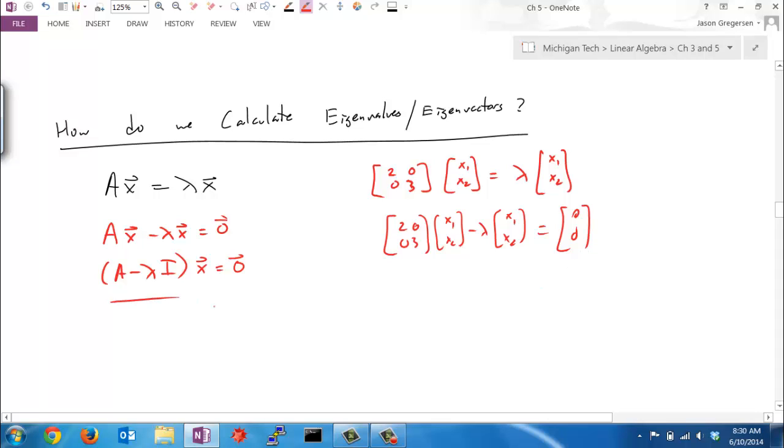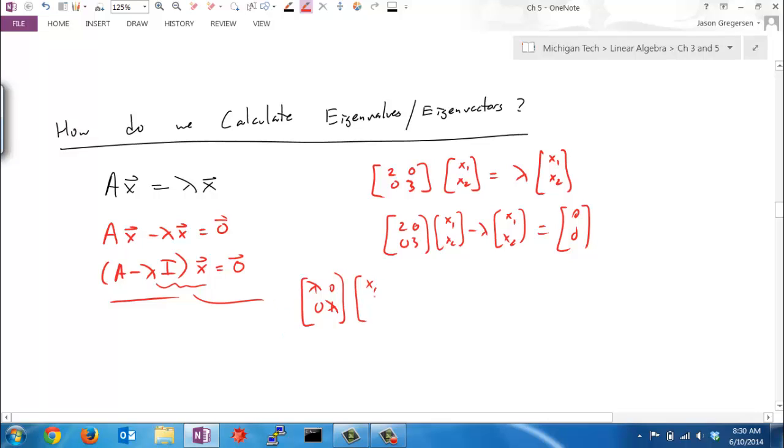And now I jump to this thing. Well, what is this thing? If I break that down here, lambda times an identity matrix would look like this. And if I multiplied through, I would get lambda and lambda on the diagonal.